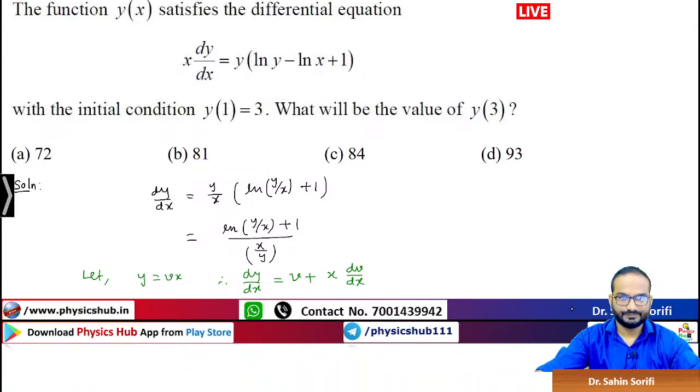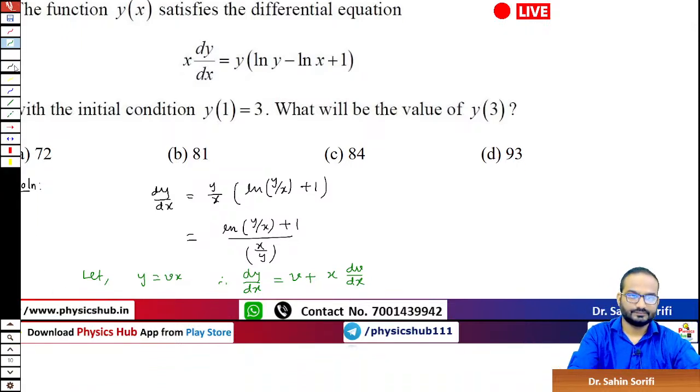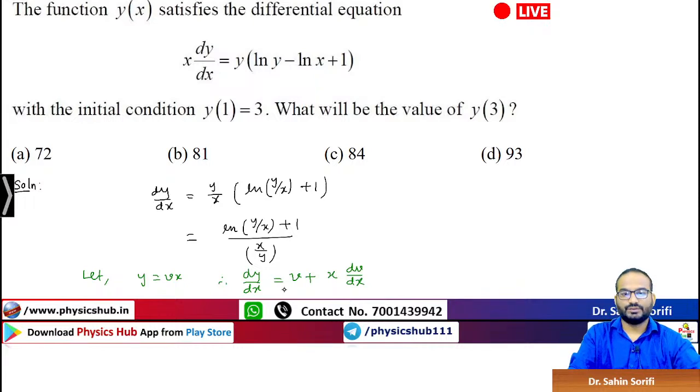Okay. If we put this value of dy/dx, we get v plus x dv/dx. If you have solved it, you can let me know the answer in the comment section. This equals ln(y/x). Wherever you see y, just replace it with v, and wherever you see x, just replace it with 1.